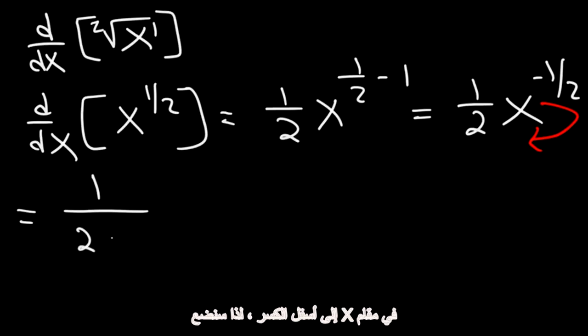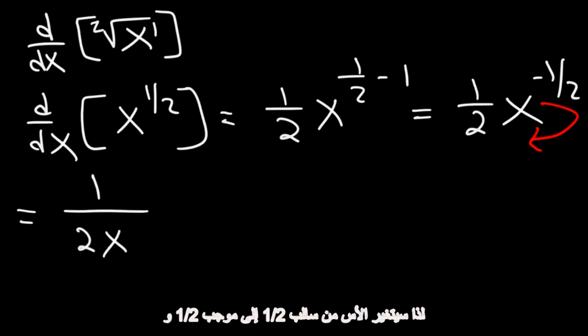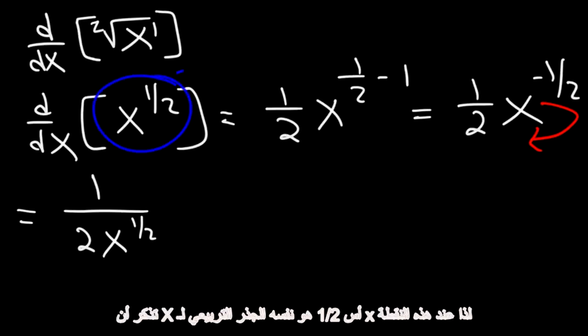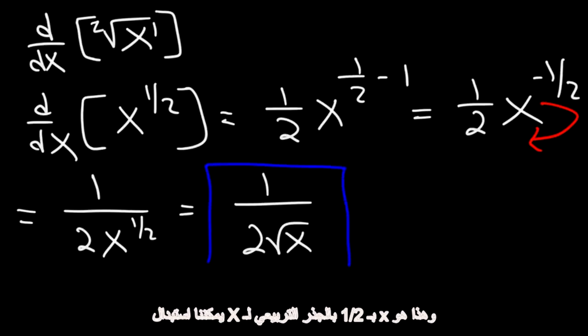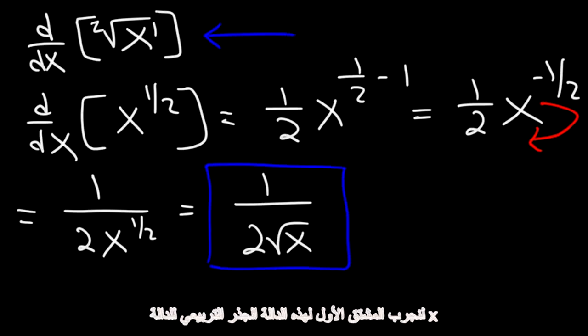So we're going to put x in the denominator of the fraction. So the exponent will change from negative 1/2 to positive 1/2. And recall that x to the 1/2 is the same as the square root of x. So at this point, we can replace x to the 1/2 with the square root of x. And so this is the first derivative of the square root of x function.